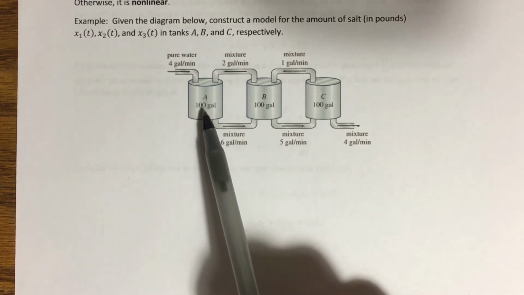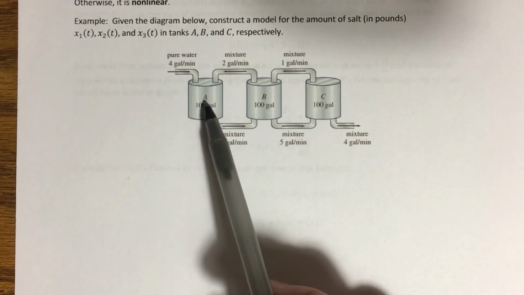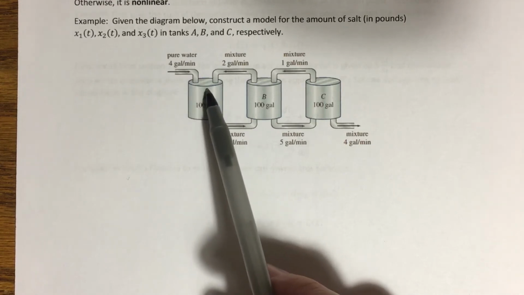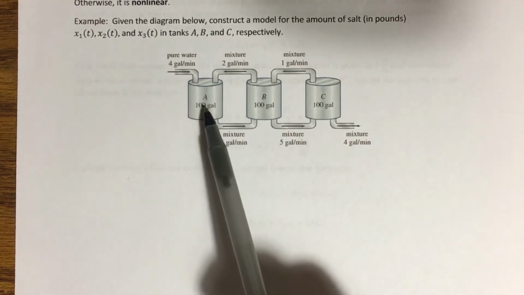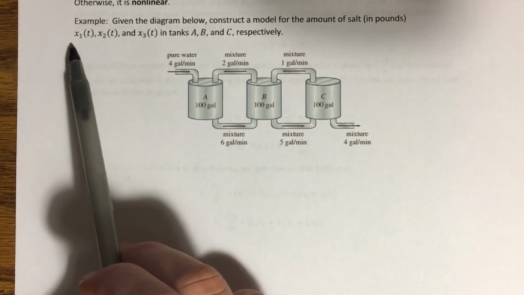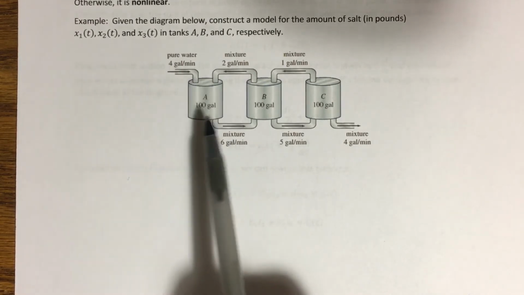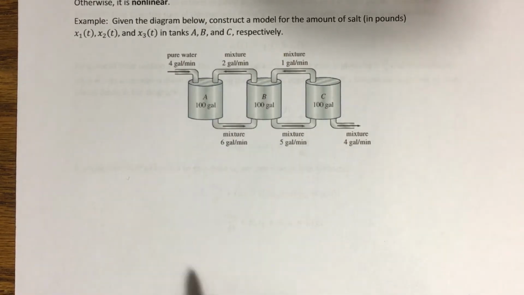Now, let's take a look at this first tank right here. How do we determine a differential equation representing the amount of salt, or the rate of change of the amount of salt in this tank? Well, we have variables x1, x2, and x3 corresponding to the amount of salt in each one of these tanks.